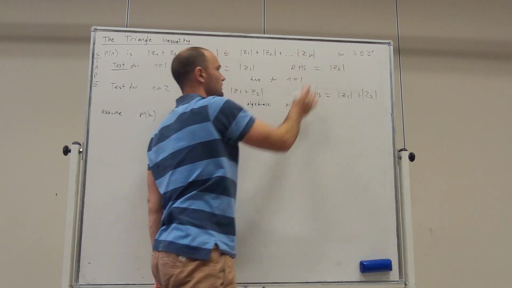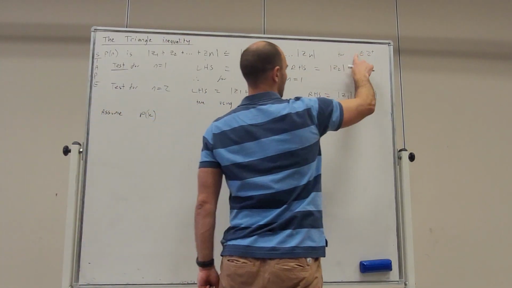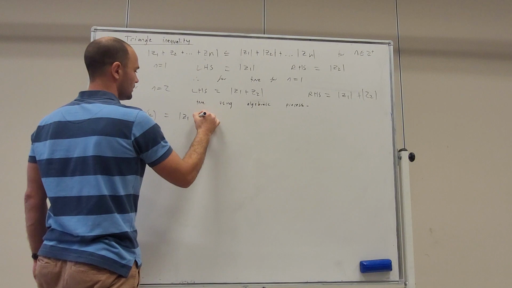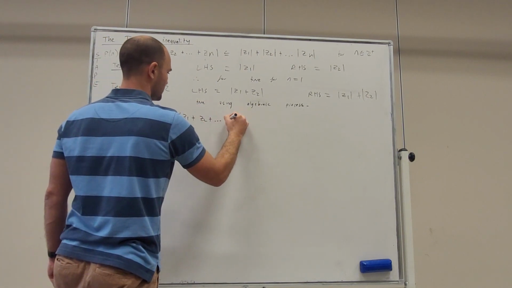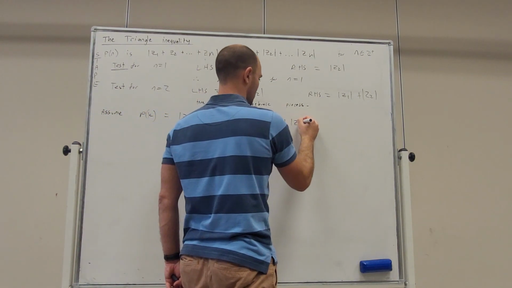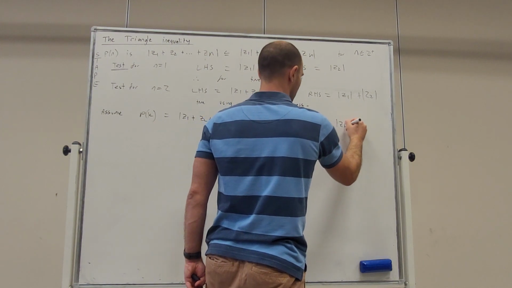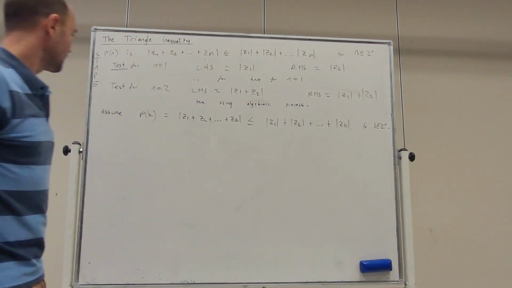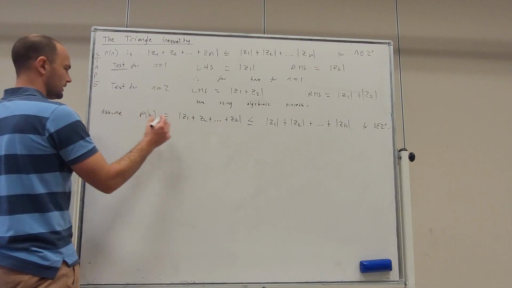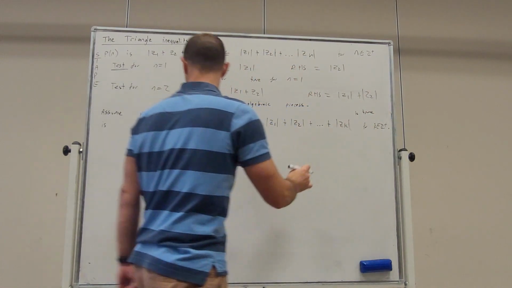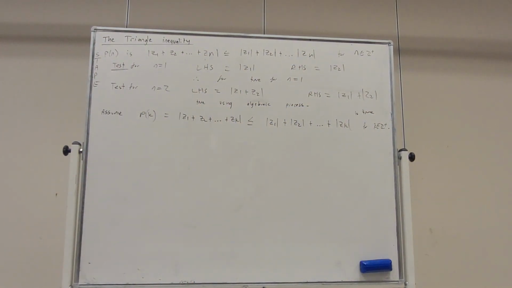Because we have an nth proposition and K, and now we're assuming for K. Assume P of K, and we're just basically restating what we've got here: the modulus of Z1 plus Z2 plus all the way up to Z of K is less than or equal to the sum of the moduli, all the way up to Z of K, where K is an integer. Assume P of K is true for an integer K.